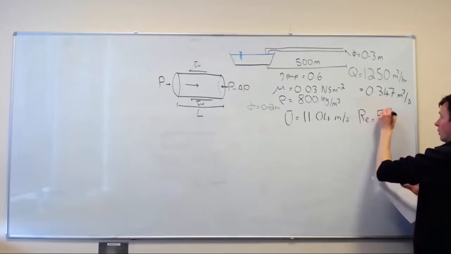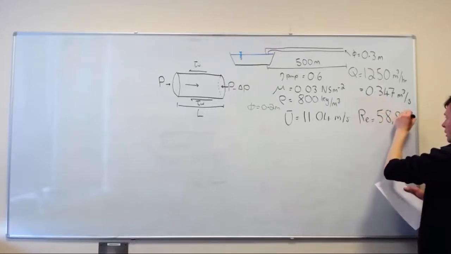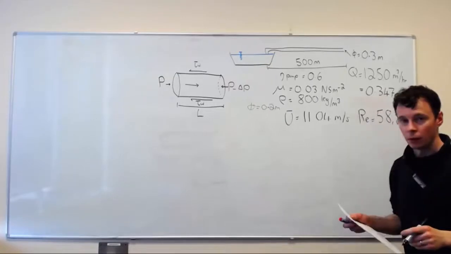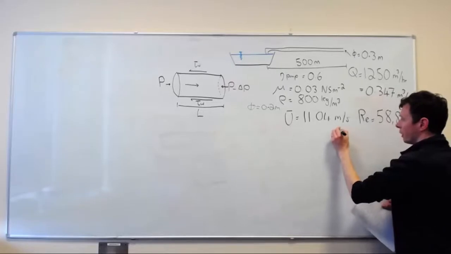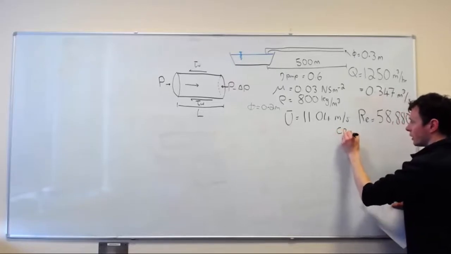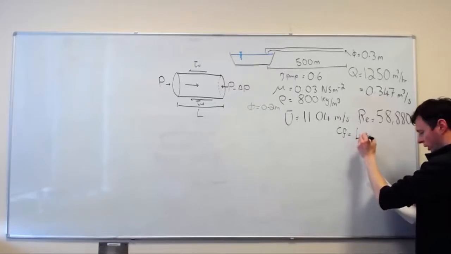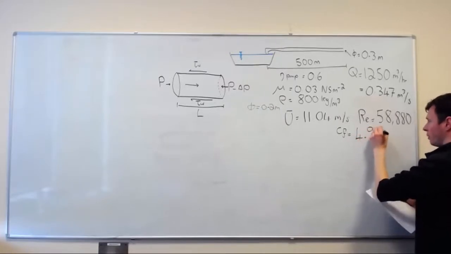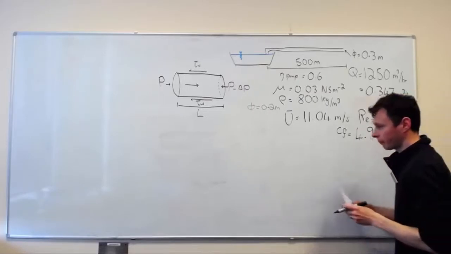Is 58,880, fairly close. And then our new value of friction factor CF, again, interpolate from the table, as long as you get something reasonably close, 4.97 times 10 to the minus 3.